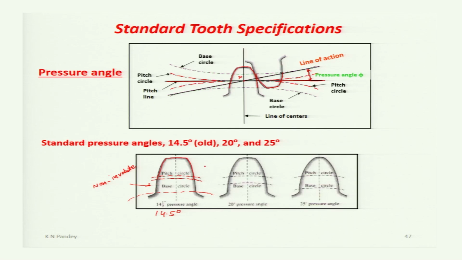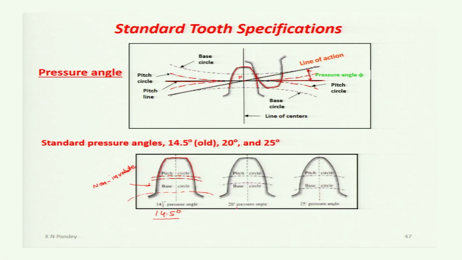So, when the tip or the face of the mating gear tooth will touch this part of this gear, then there will be interaction between involute gear tooth profile and non-involute gear tooth, and that is called the interference.